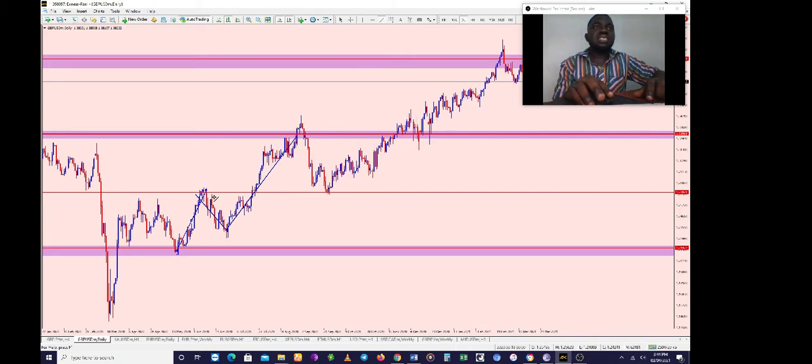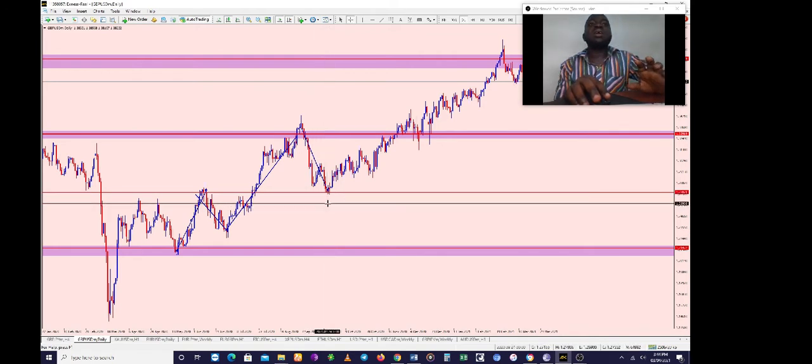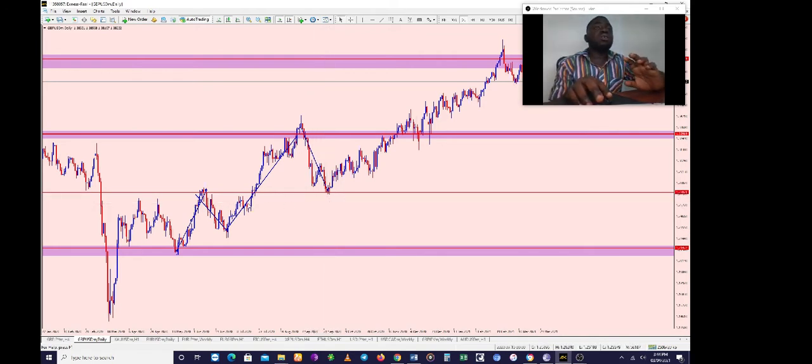Now note that this resistance got broken here, so it now moves back to come and test here as what? Support. So like I said, a broken resistance, which is here, becomes a future support, which is here. This is a very classical example of one of the features of support and resistance.